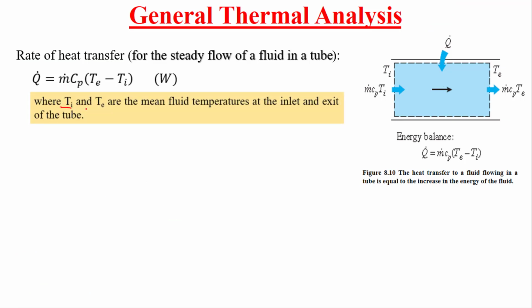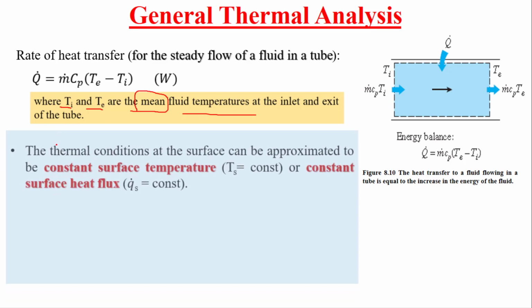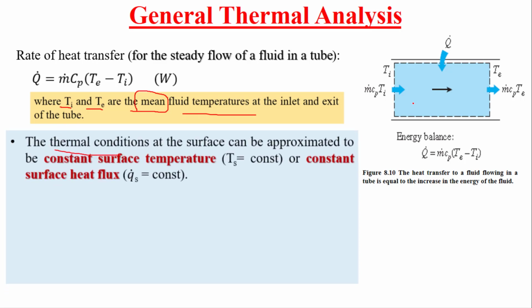Where T inlet and T exit are the mean fluid temperatures, this is very important, at the inlet and at the exit of the tube. The thermal condition, so this Q dot, we call it the thermal condition. The thermal condition at the surface can be approximated to be constant surface temperature, Ts equal to constant, or constant surface heat flux.